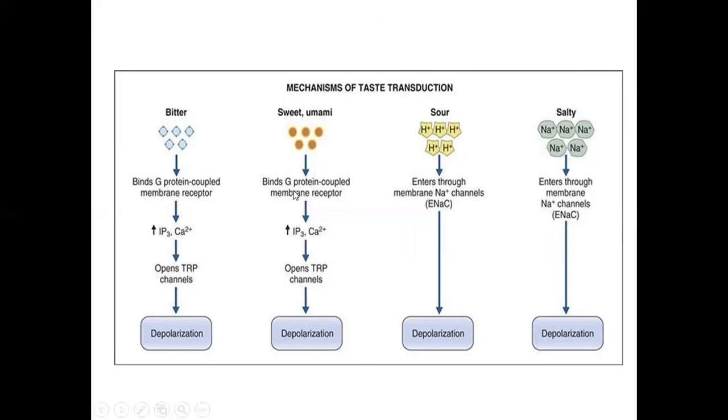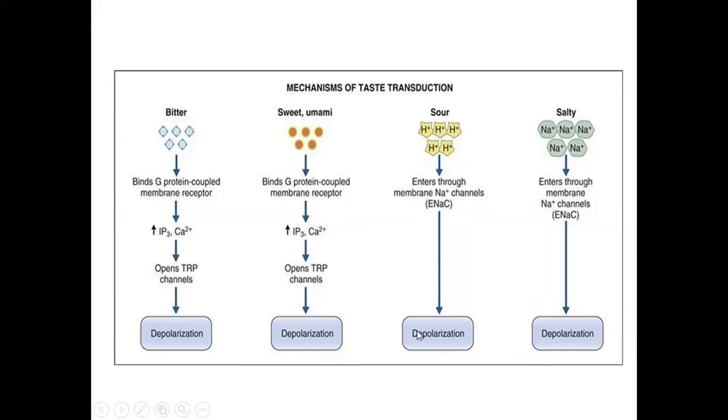With sweet or umami, the chemicals bind G protein coupled membrane receptors, causing an increase in IP3 and calcium, opening up the TRP channels, and then causing depolarization. Sour, as you know, the hydrogen ions mentioned, enter through the membrane sodium channels, ENaC, then causing depolarization also.